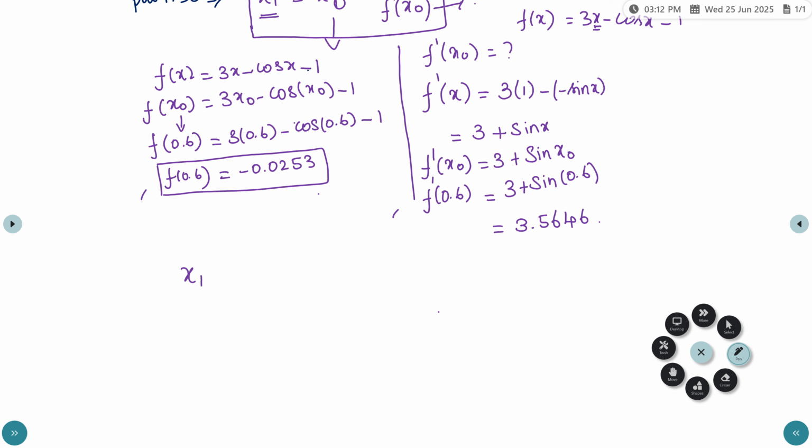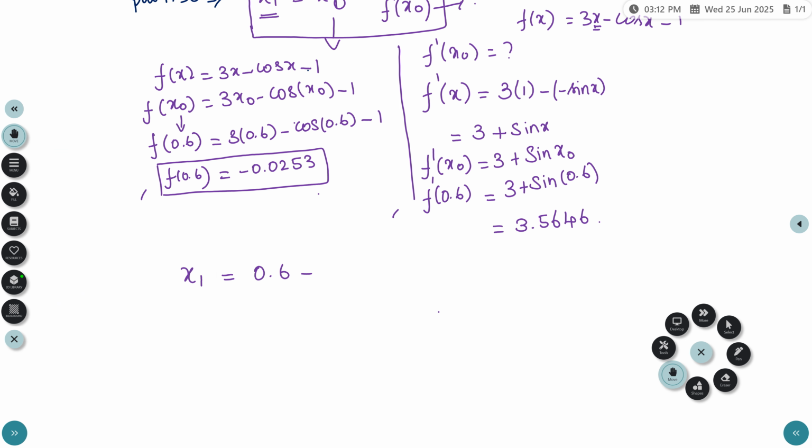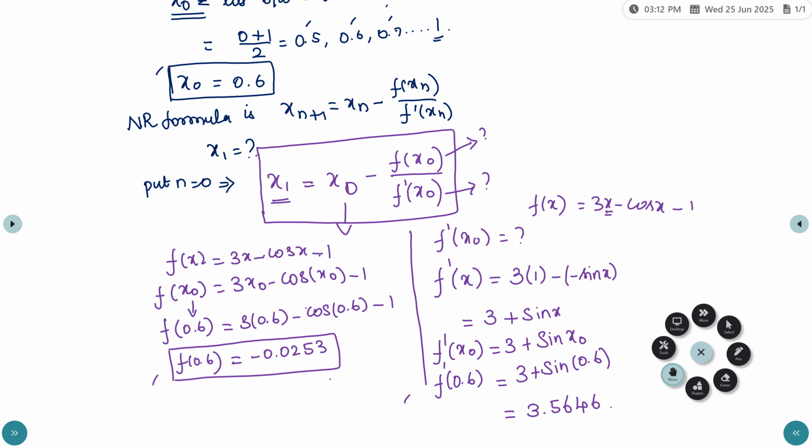So x1 is from x naught. What is x naught? 0.6. In the formula, you can see the minus symbol is there.